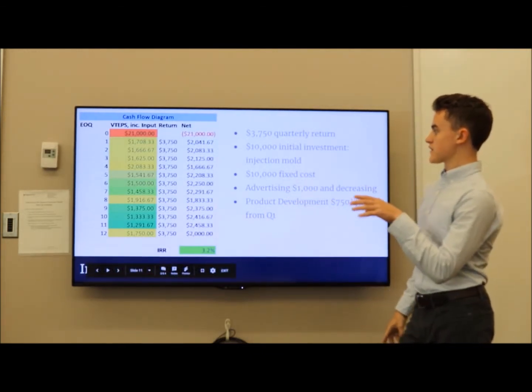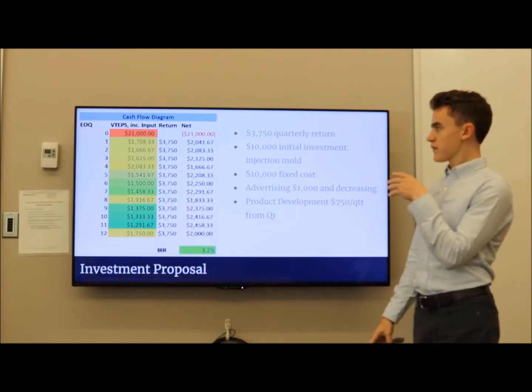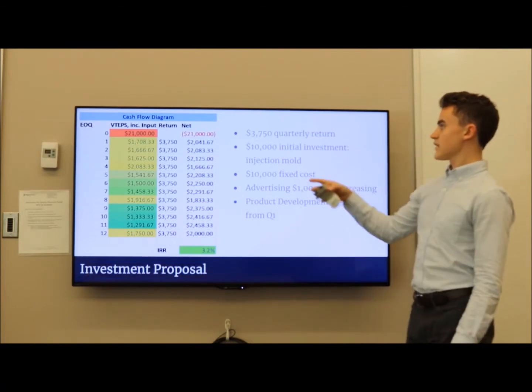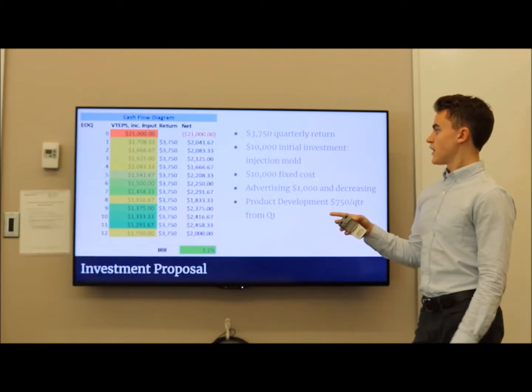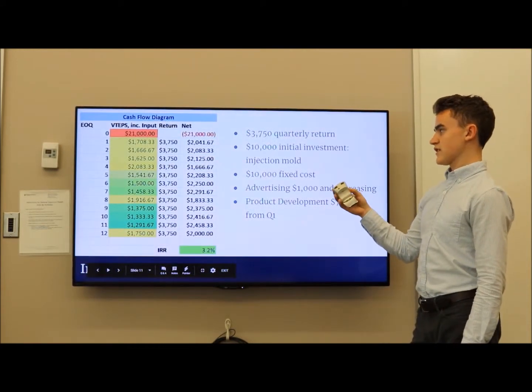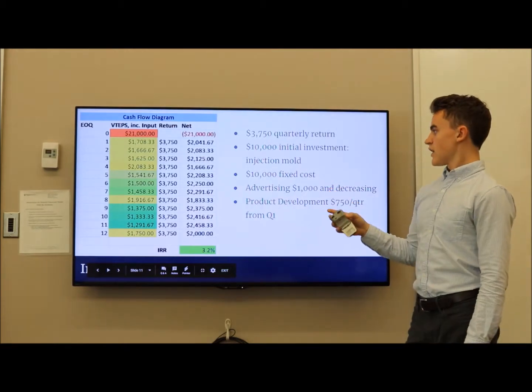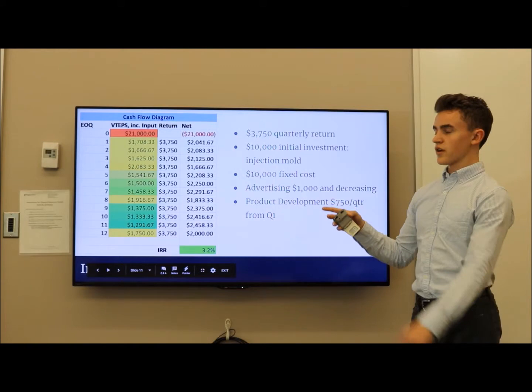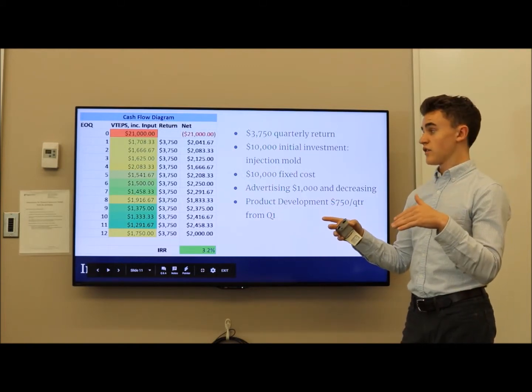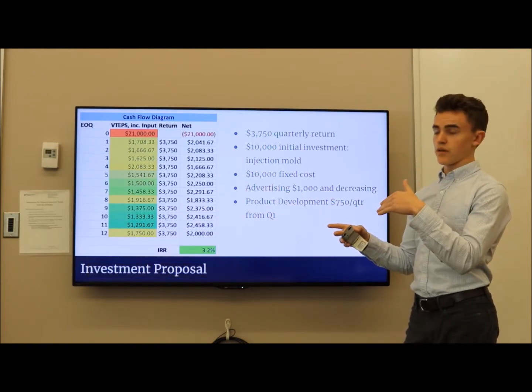The investments themselves, we have broken down into 4 categories. We have a $10,000 initial investment for the injection mold that we're going to need to make our project. We also have a $10,000 fixed cost, that's something set by VTEPs at the beginning. We have advertising costs, which are $1,000 per quarter and decreasing linearly to $500 per quarter by the end of the 12th quarter.